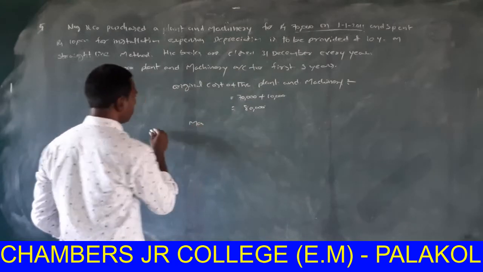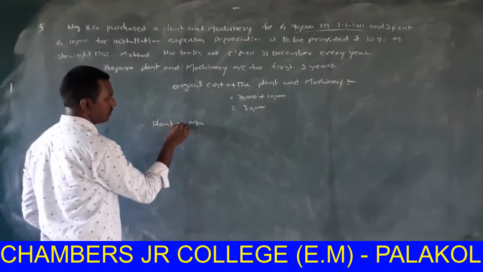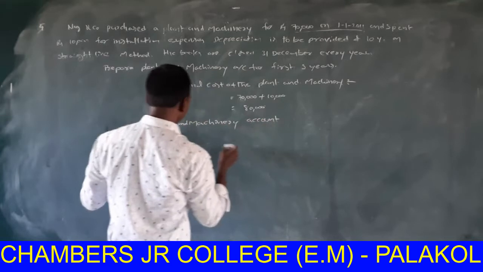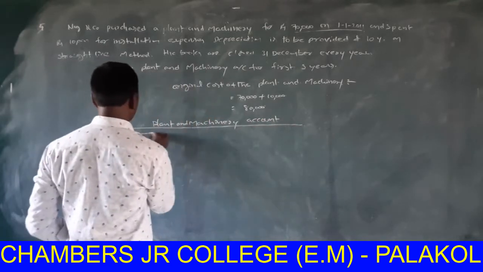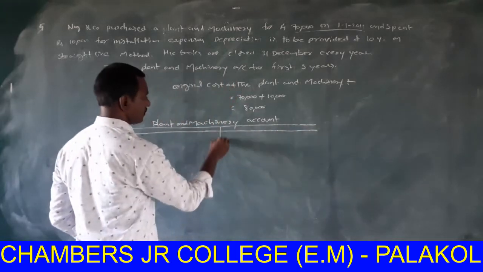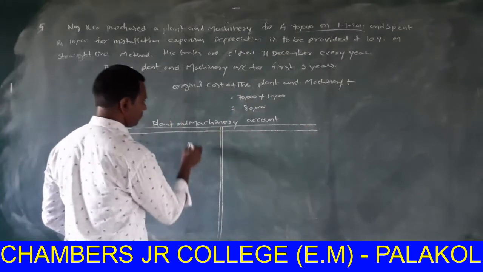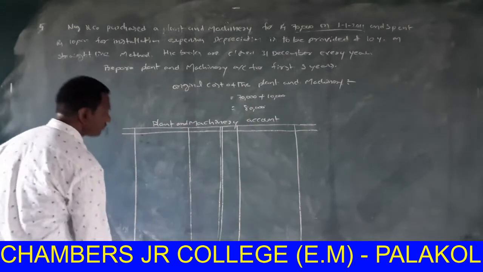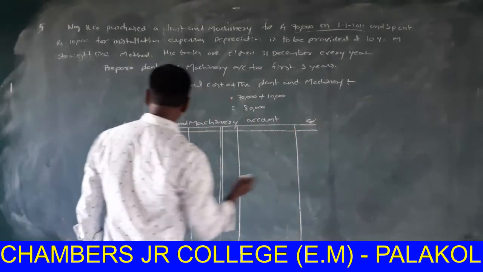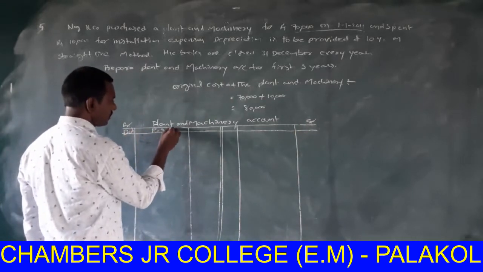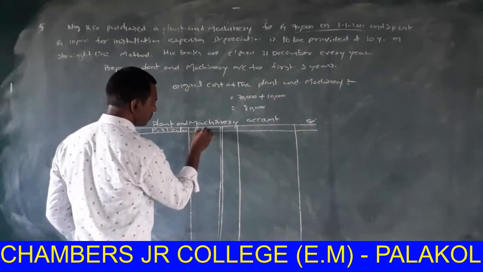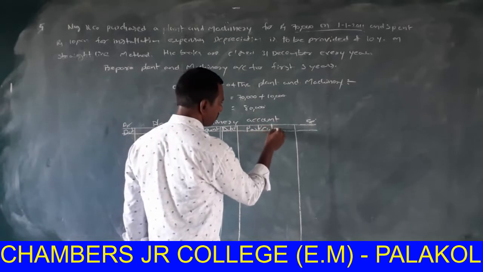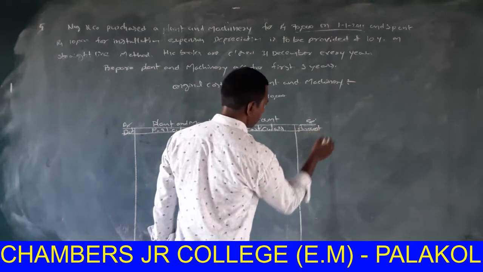For the plant and machinery account, we draw the format: debit and credit sides, each with date, particulars, and amount.